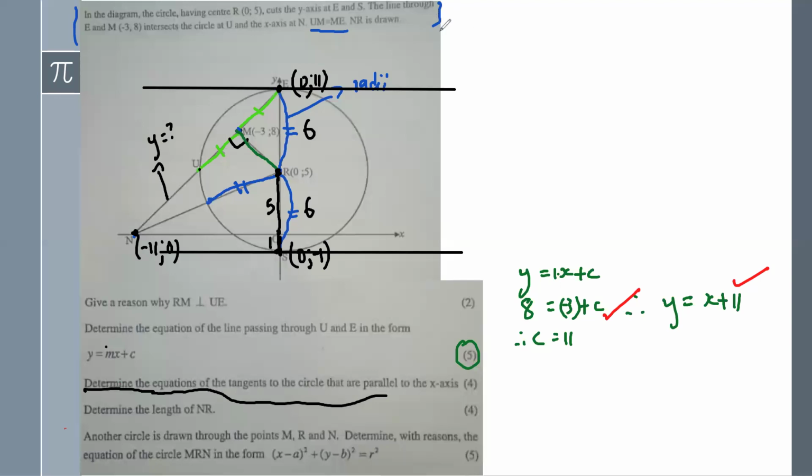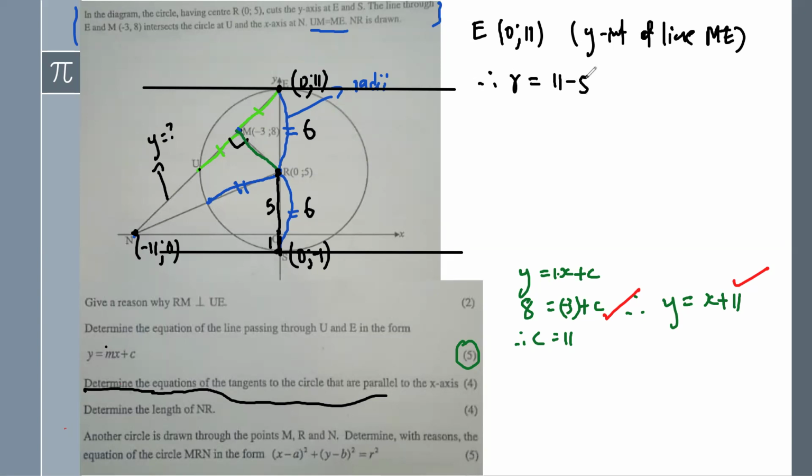But how do you write this formally? Obviously, you will say the coordinates of E are 0 and 11, because this is the y-intercept of line NE. Therefore, the radius of the circle is 11 minus 5, which is 6.